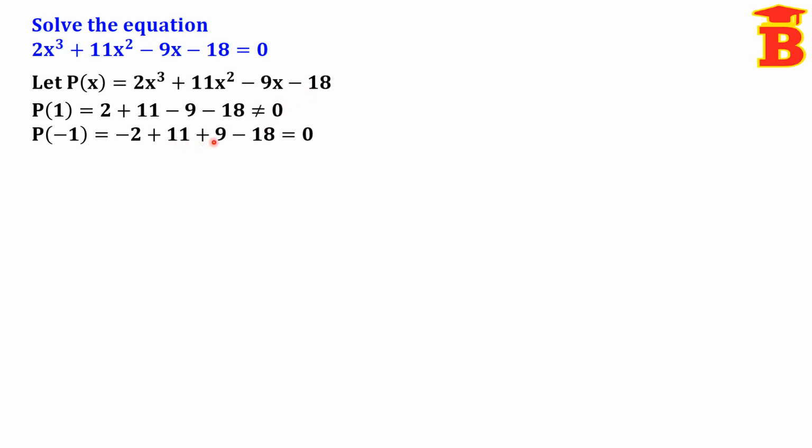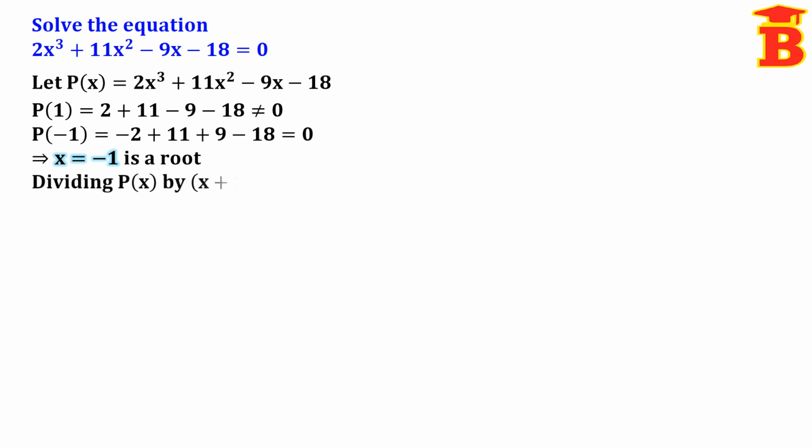Here the positive numbers 11 plus 9, 20. And negative numbers minus 2, minus 18, minus 20. So 20 minus 20 equal to 0. If p of minus 1 equal to 0, then we get x is equal to minus 1 is a root.